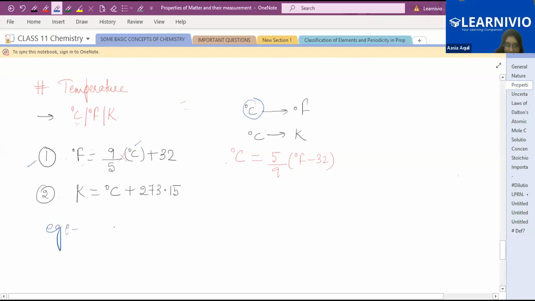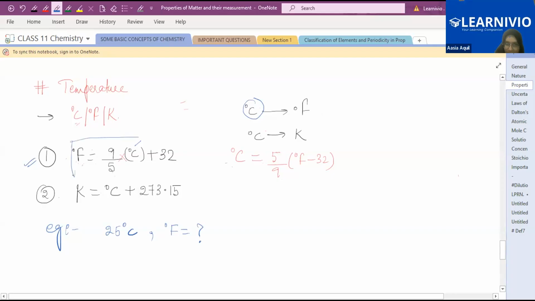Suppose 25 degrees Celsius is given, and I ask you to find the temperature in degree Fahrenheit. We will use this formula: degree Fahrenheit is equal to 9 upon 5 multiplied by degree Celsius plus 32.